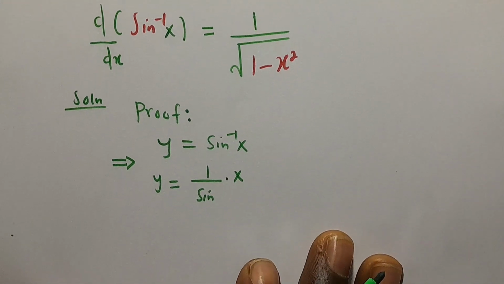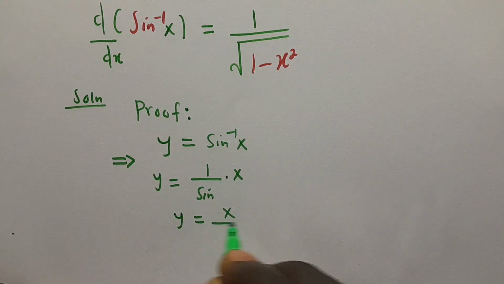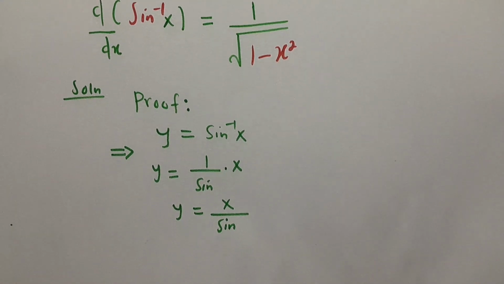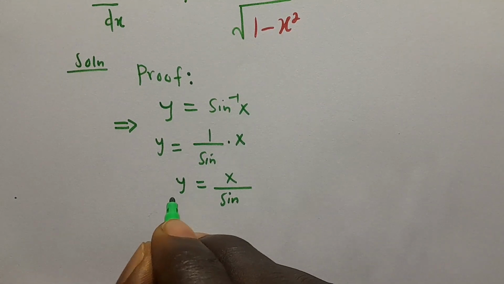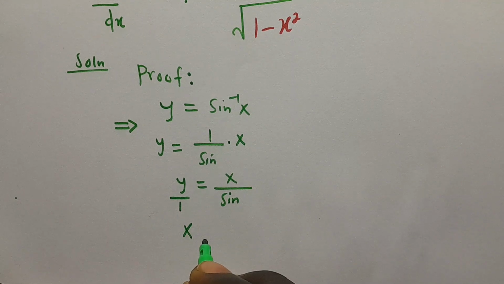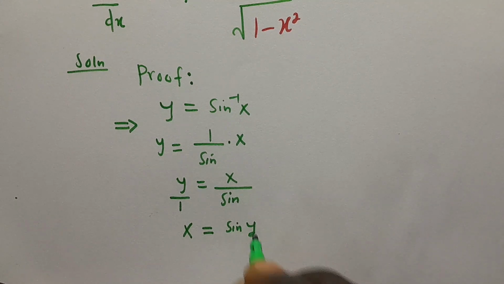So from here we have y equals 1 multiplied by x, which will be x divided by sine. So let's cross multiply from here. When we cross multiply, we are going to have x equals sine y.